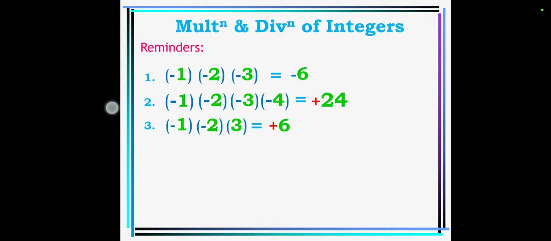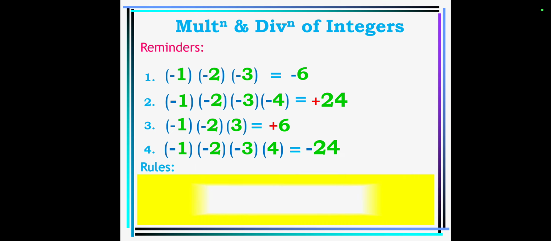It's positive. Number 4, negative 1 times negative 2 times negative 3 times positive 4. This time, the answer is negative because two are partners in negative but one has no partner. Therefore, it's a negative 24. 24 because, again, we multiply the numbers.